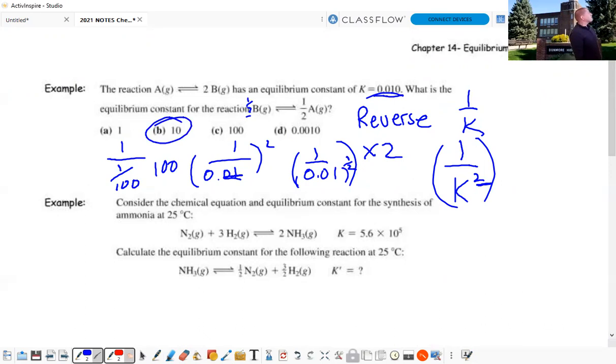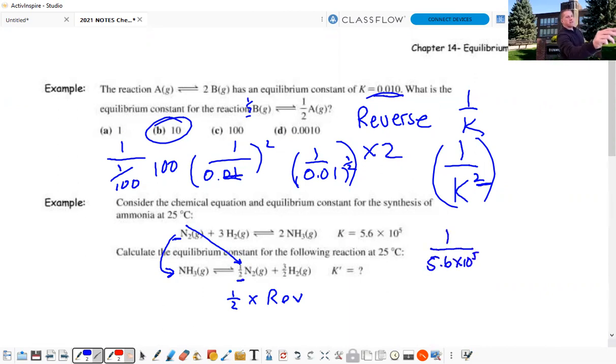There you go. Second example, consider the chemical equation. So now once again, we're looking at this one compared to this one. Here we are multiplying by 1/2 again. So we're taking 1/2. Actually, and we're reversing it again. So the N2 is going to the other side, and we are multiplying by 1/2. So we're going to do 1 over 5.6 times 10 to the 5th. There's the inverse part. And then whatever we get for that answer, we're going to raise to the 1/2 power.